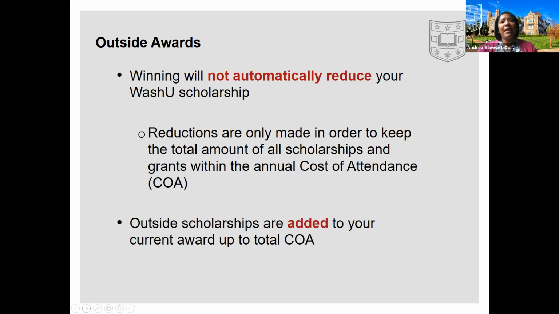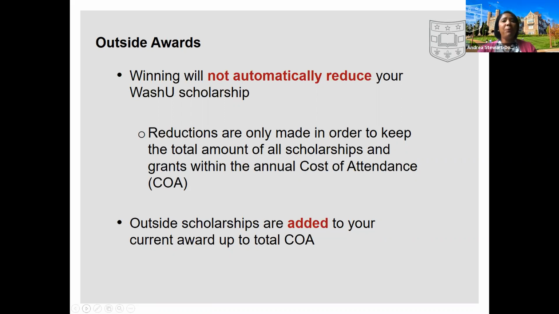We would simply add the outside scholarship to your student's award. The key is that as long as the combination of the outside scholarship and your current financial aid award does not exceed the total cost of attendance, then you're golden.